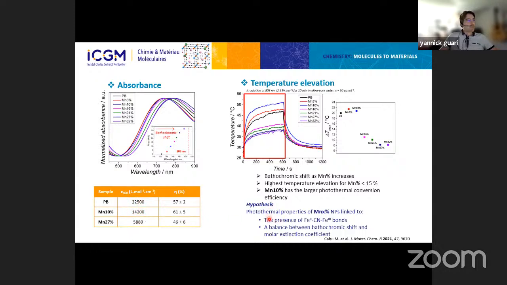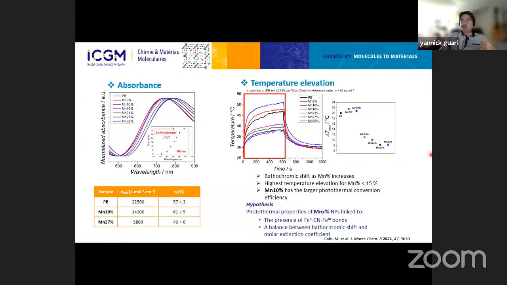The origin of the absorption phenomena in Prussian blue is due to an electron transfer between iron at oxidation state +2 and iron at oxidation state +3. Increasing the amount of manganese leads to a decrease in the number of possibilities of electron transfer, and thus a decrease of the molar extinction coefficient.